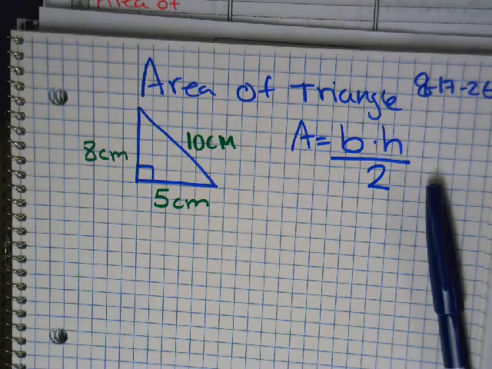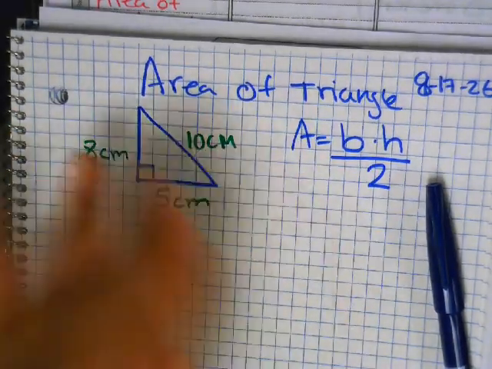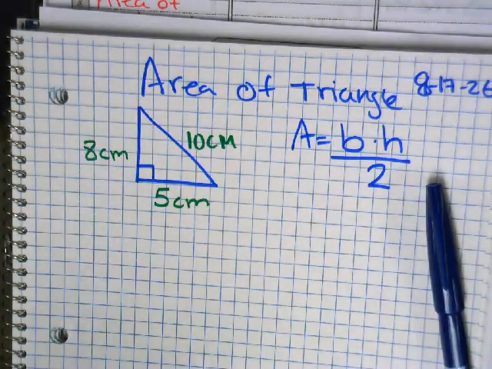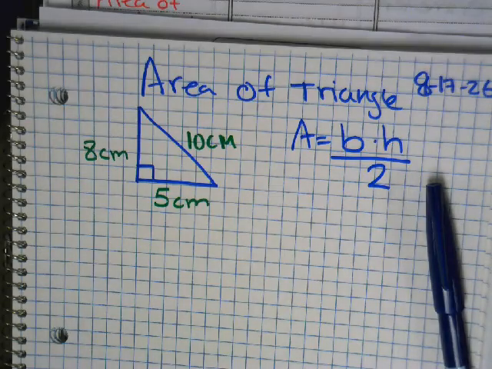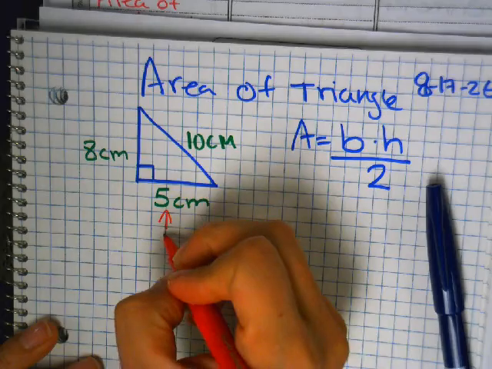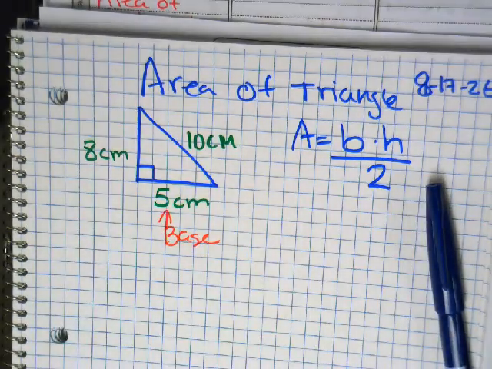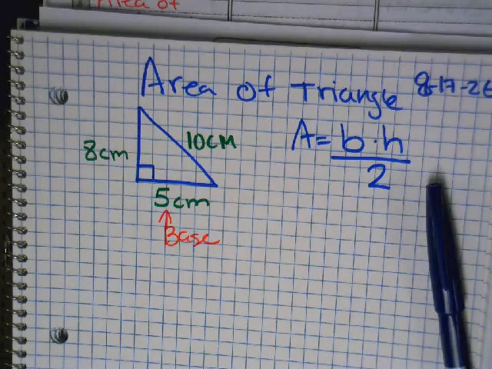Now, who can raise your hand and tell me what is the base of this triangle? What number represents the base? Esteban? 5. So this is our base. What is the height? Nico? 8 centimeters. What's wrong with 10?